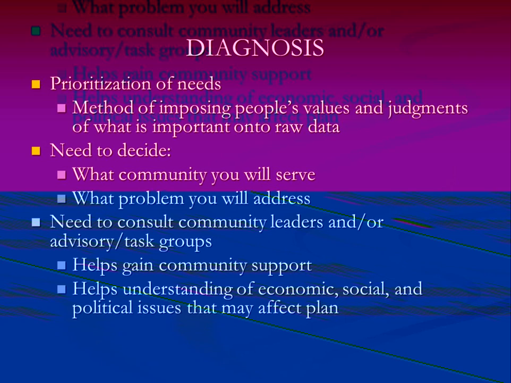This not only helps you gain community support, but engaging community leaders and people that are already established within that community will aid with people accepting your program from the first point, and then it also makes your implementation a lot easier overall.